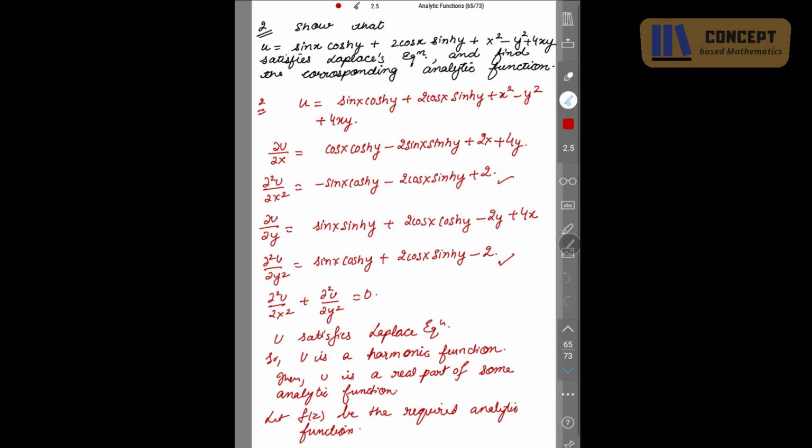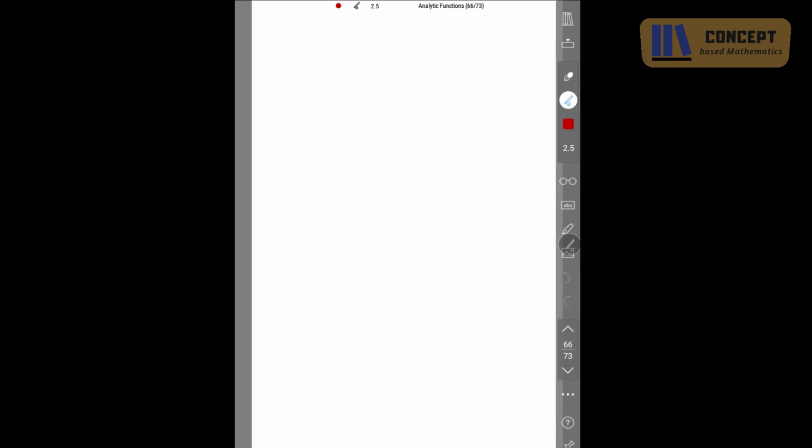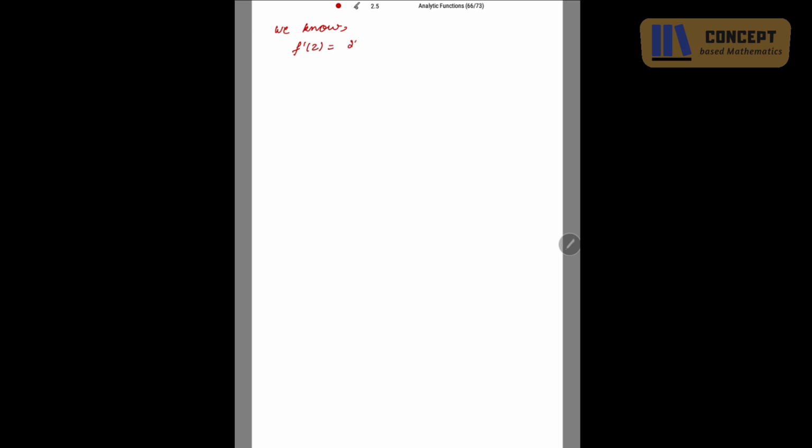So again we use that equation. We know f dash z is del u over del x plus iota del v over del x. Now again u has been given, so this is del u over del x minus iota del u over del y.